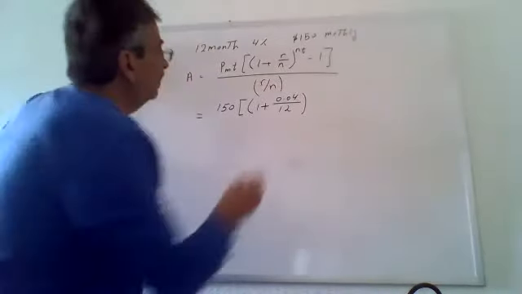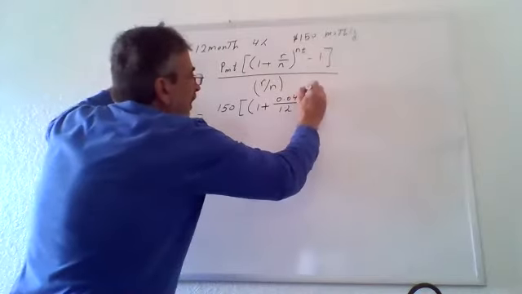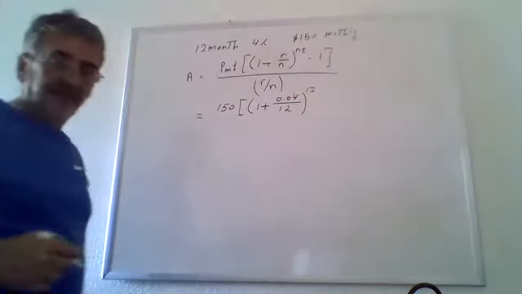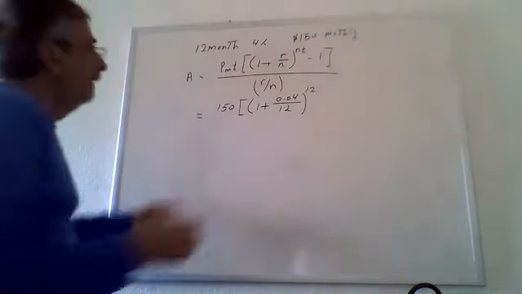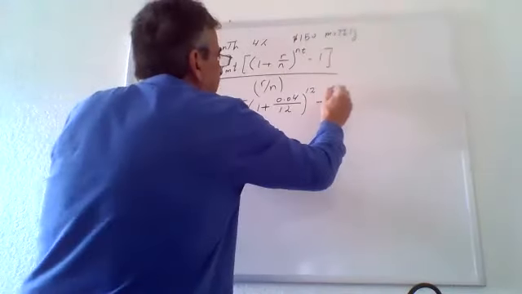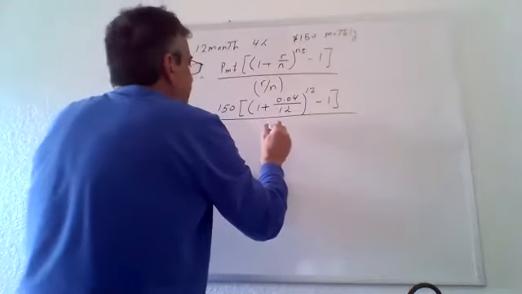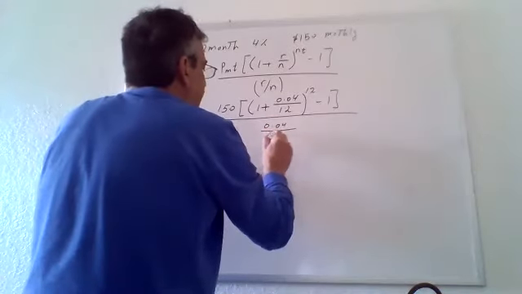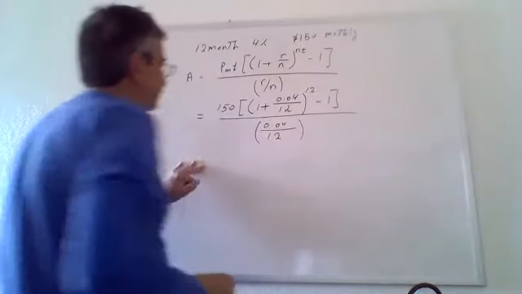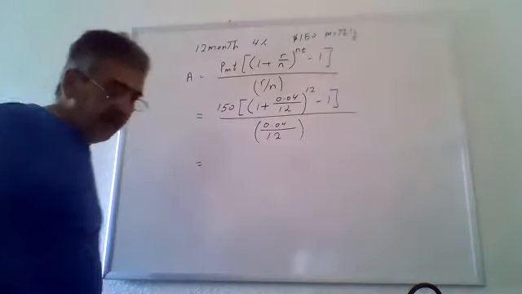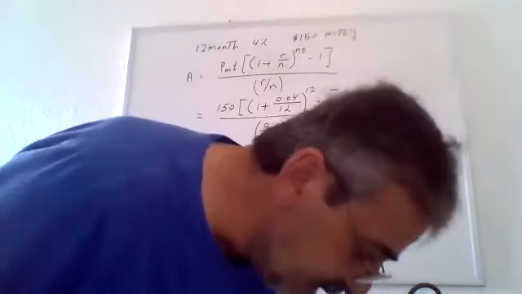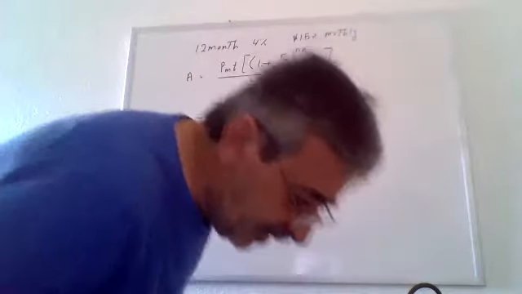Well, we already know it's 12 months, right? To the power 12, minus 1, over 0.04 over 12. So that should give me an amount of 1833.33.